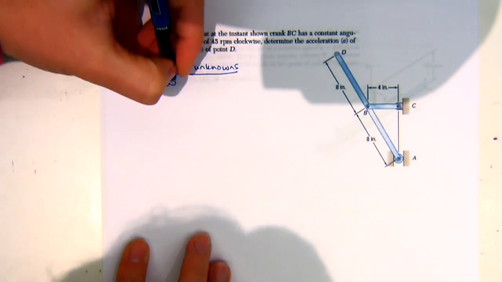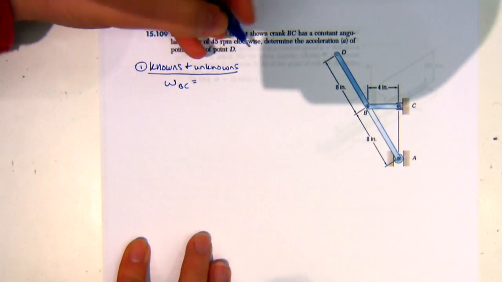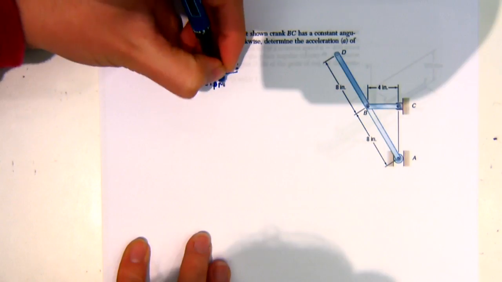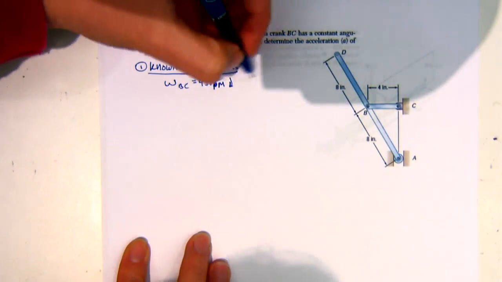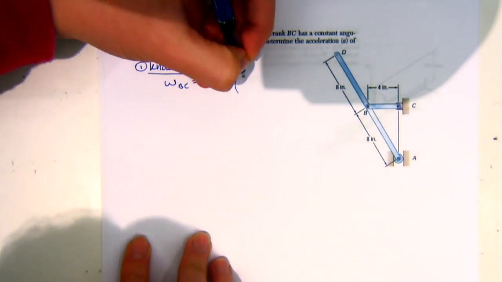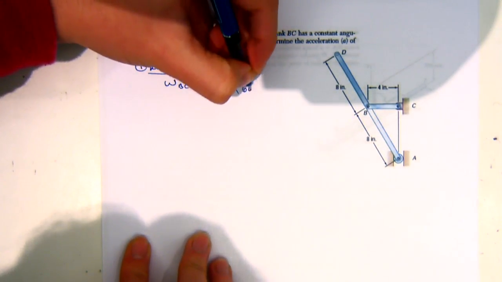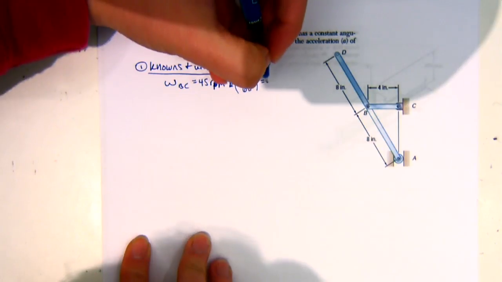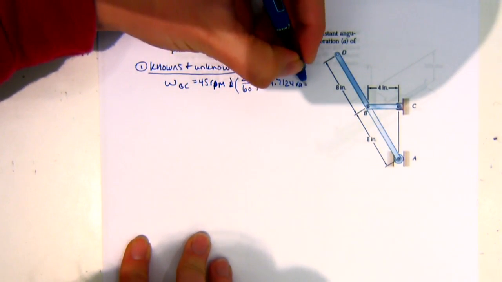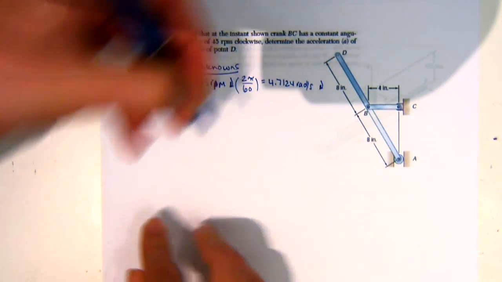I know that omega BC is 45 RPM clockwise. To convert that to radians per second, I multiply by 2 pi over 60. So that gives me 4.7124 radians per second clockwise.